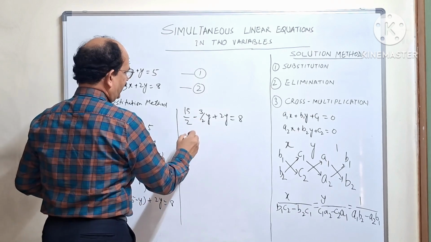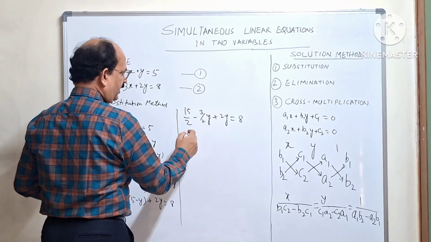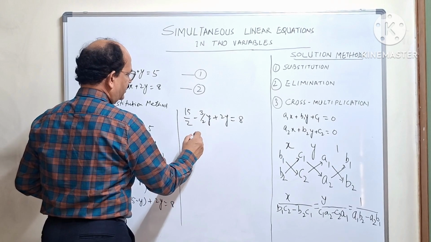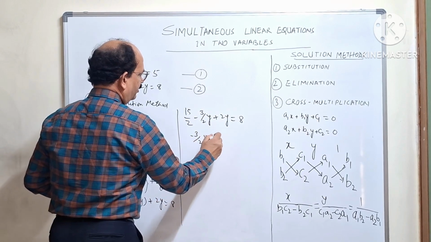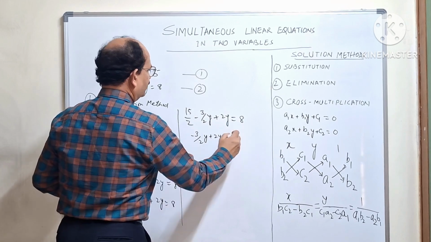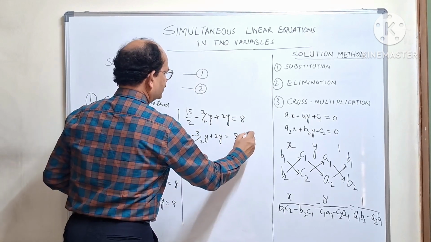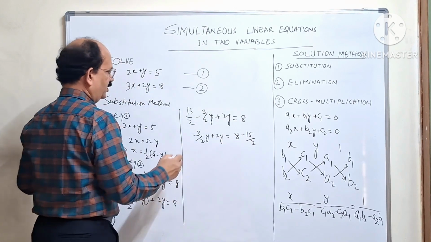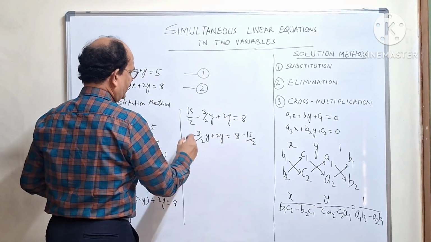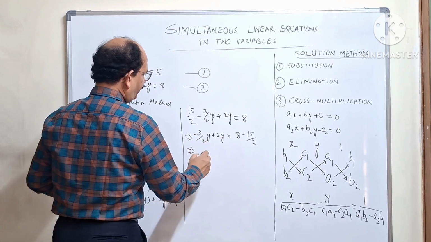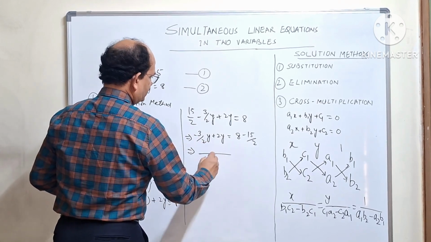And then if I keep y on the left side, then I can write this as minus 3 by 2y plus 2y is equal to 8 minus 15 by 2. And then I can write this further as, let's take the LCM.